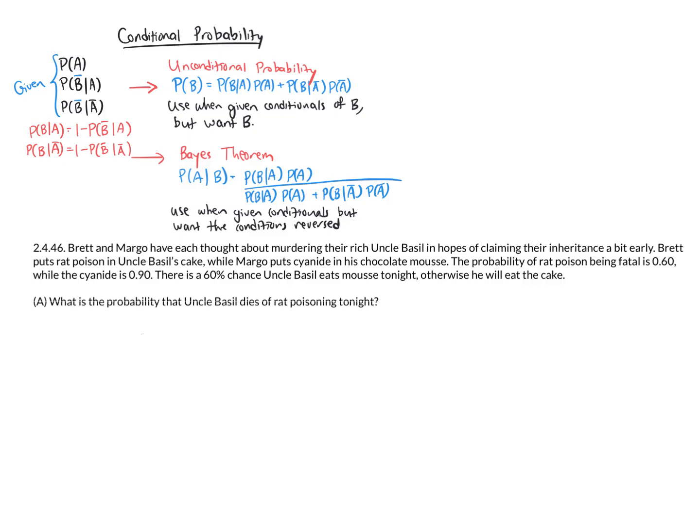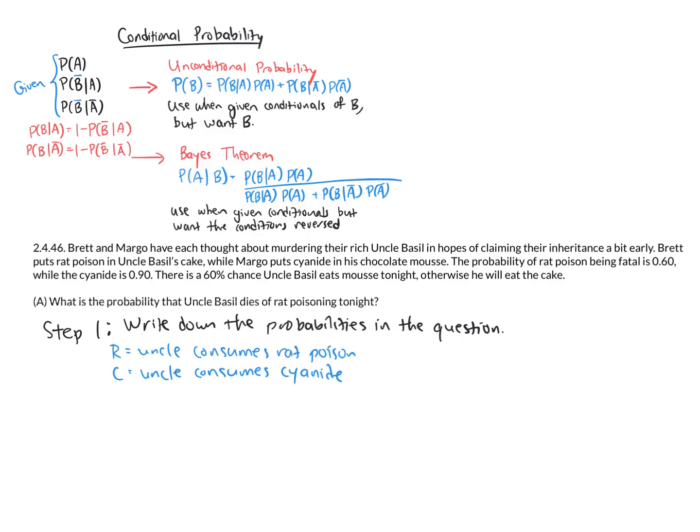So this is a bit morbid, but let's look now at the probability that Uncle Basil dies of rat poisoning. The first step in any problem involving probabilities is write down the probabilities. So my event here, well, I could look at this as cake or chocolate mousse, but what really is fatal is the poison, not the cake.